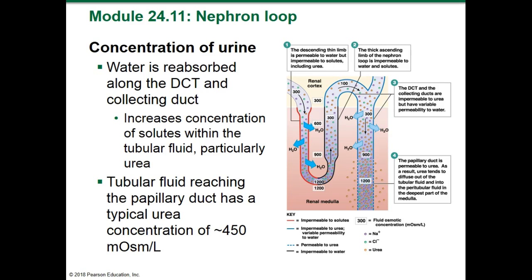And therefore we are now increasing the concentration of solutes even more in the urine, specifically urea. And urea on this picture is in orange, as you can see. Tubular fluid reaching the papillary duct has a typical urea concentration about 450 milliosmolar per liter, which is pretty high.